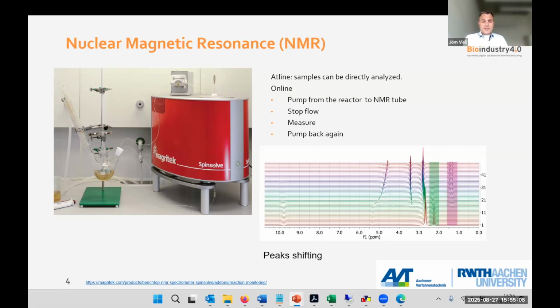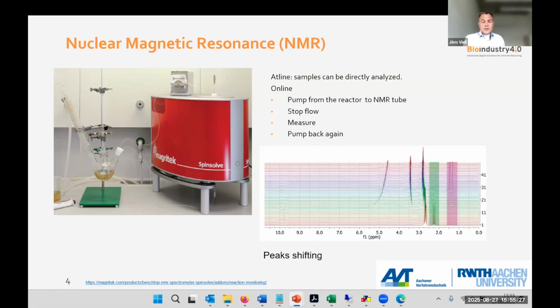They don't require any liquid helium. They have quite a small footprint, and they can be used as a classical NMR, that would be an at-line machine, which we regularly use in order to validate or get a first impression of what concentrations are there.